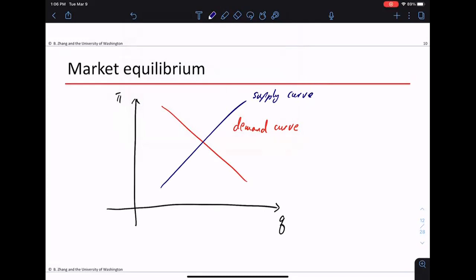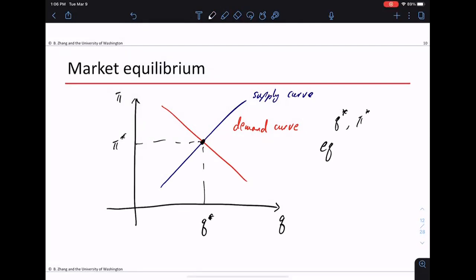Then you basically cross them. Here we're going to call this the market equilibrium, Q star and pi star. This is the point that determines how much good, how much quantity we should exchange, and at what price we should exchange it. So this is the equilibrium.